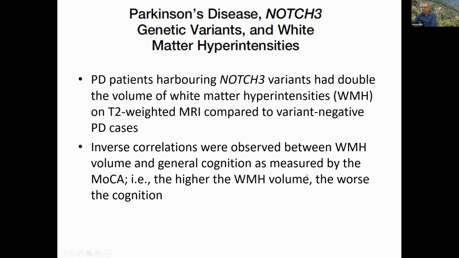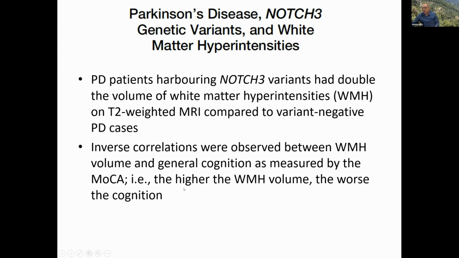And so what we found in our studies is that 13 Parkinson's patients harbored these Notch3 variants. And in those that had these Notch3 variants, there was a doubling of the volume of white matter hyperintensity seen on T2 weighted imaging compared to the variant-negative Parkinson's cases.